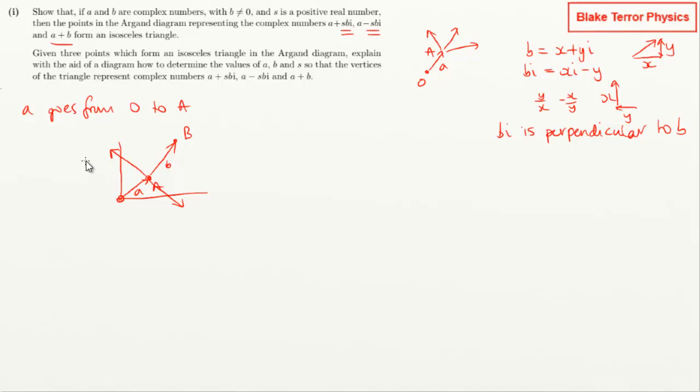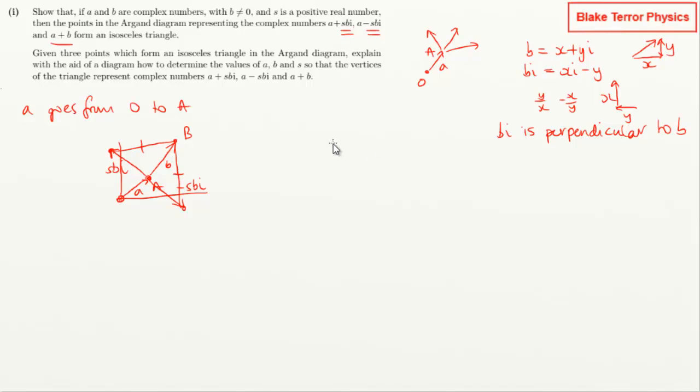Let's say that's SBi, and this is minus SBi, and that is going to give us an isosceles triangle, because those 2 sides here are equal to each other. Right, okay, so I've got a coherent argument there, but I haven't given a coherent answer. So show that those form an isosceles triangle.